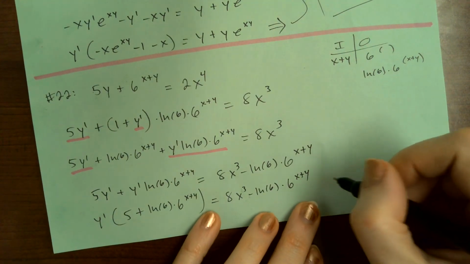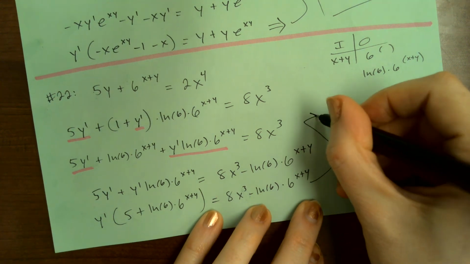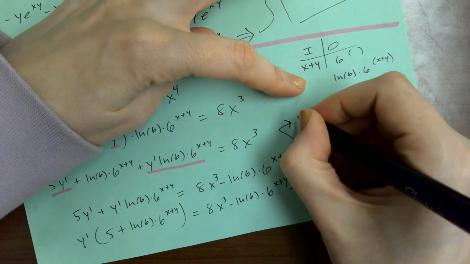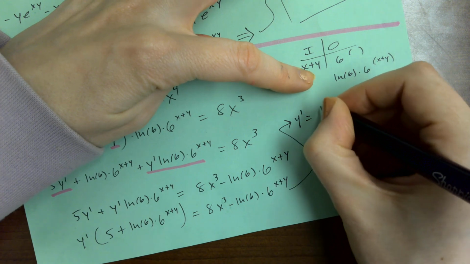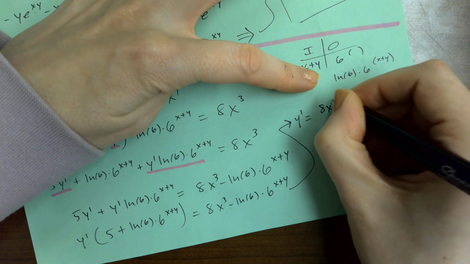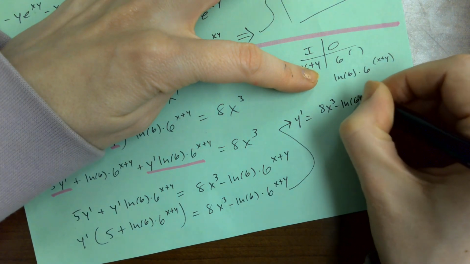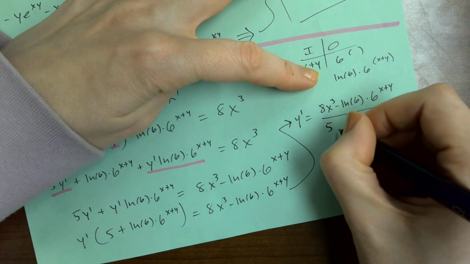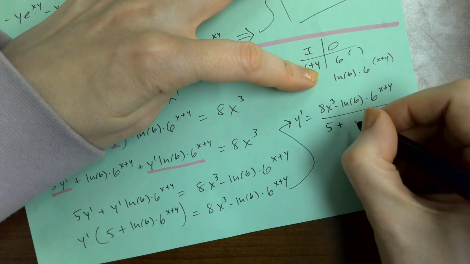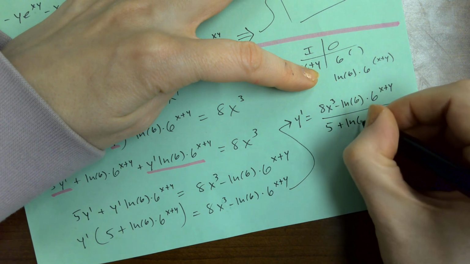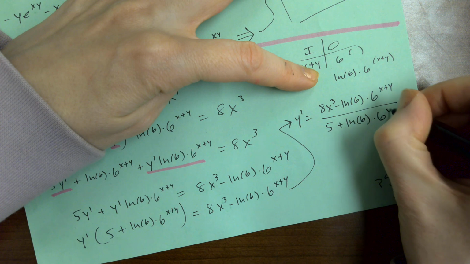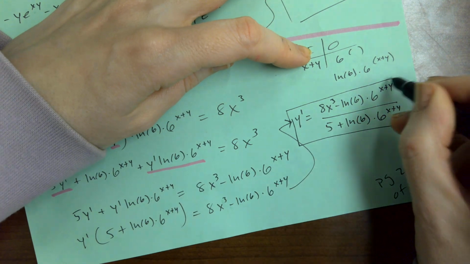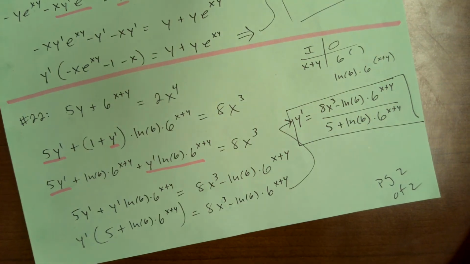Gosh, it's so much writing. And then this becomes, okay, so we've got y prime, gotta write small, 8. Oh boy, okay. That is a lot of writing.